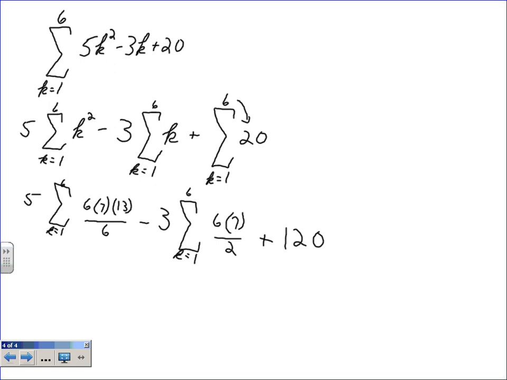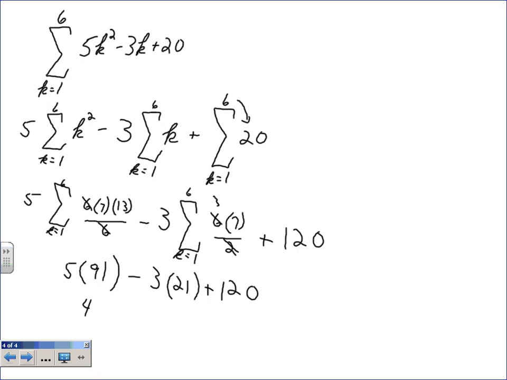All right. The first sum here, the 6's can cancel out. And I have 7 times 13, which is 91. So I have 5 times 91 minus, well, let's do this, the 2 and the 6 cancel, and 3 times 7 is 21, minus 3 times 21, plus 120.